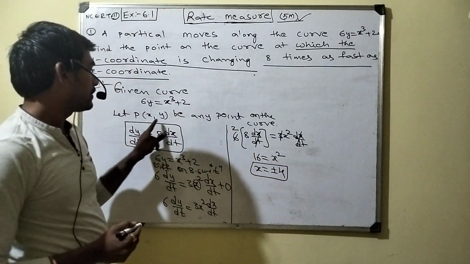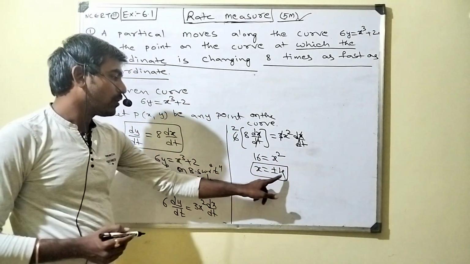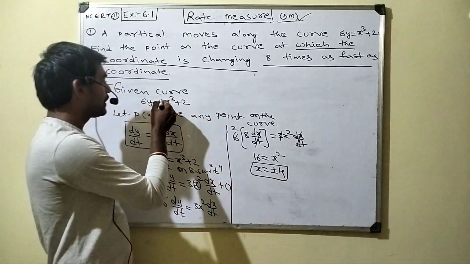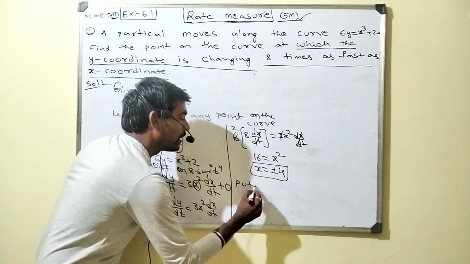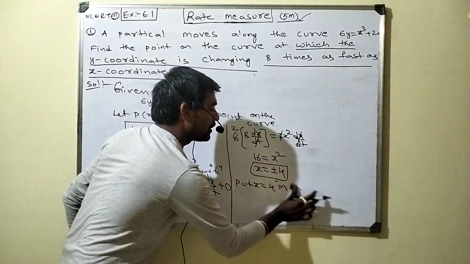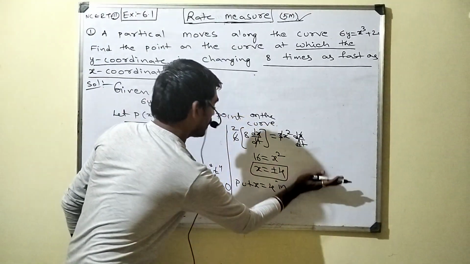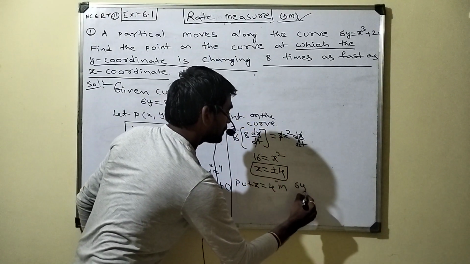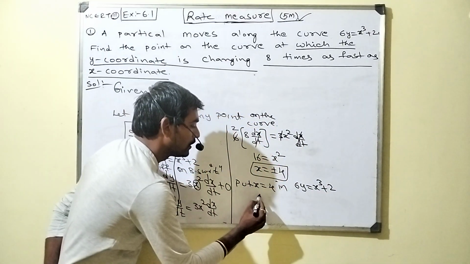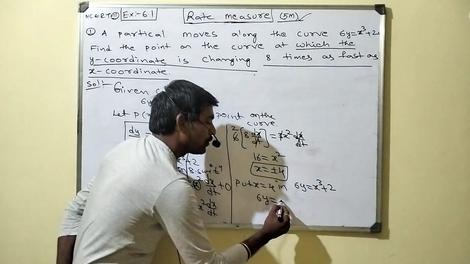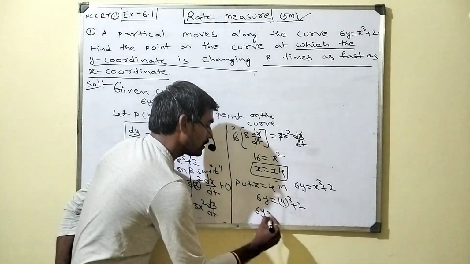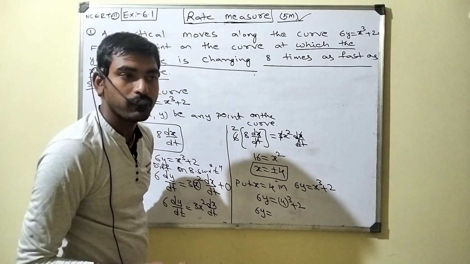So on this point on the curve, I got the value of x. What about y? We substitute this x value in the given curve. Put x equal to 4 in the given curve 6y equal to x cube plus 2. 6y is equal to 4 cube plus 2.